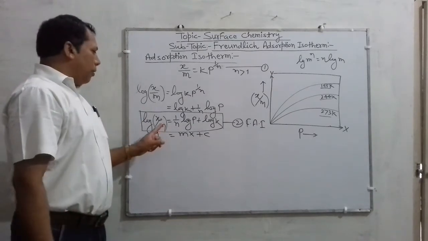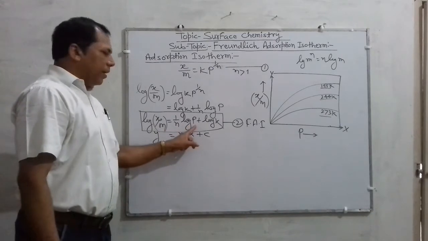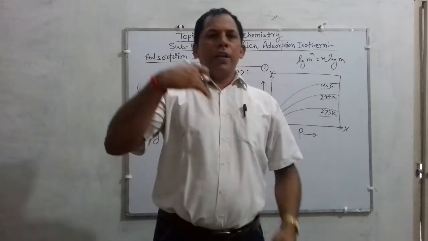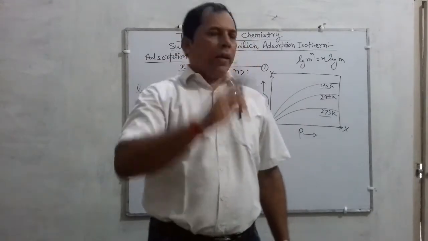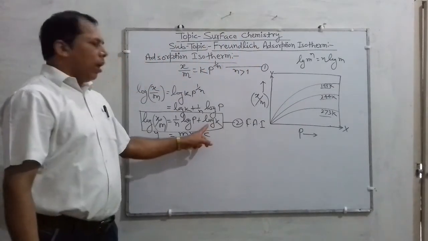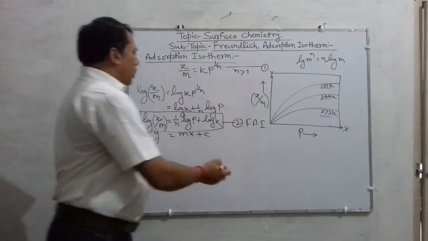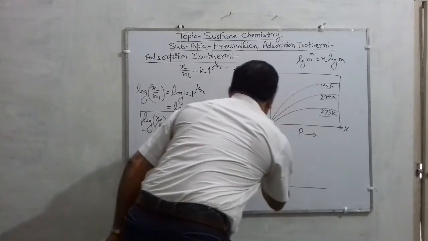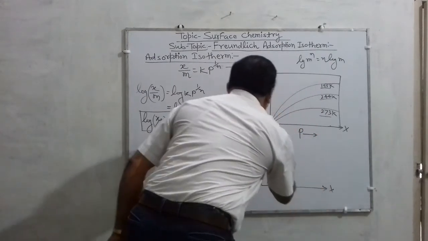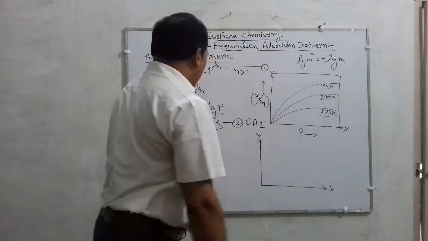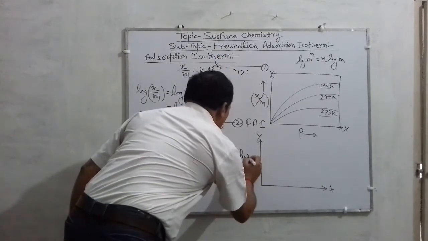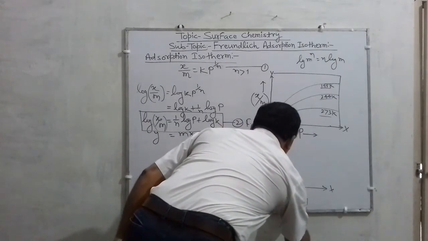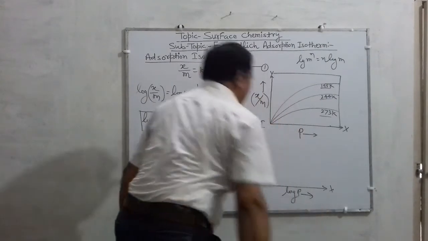So if we plot log x by m versus log p, then a straight line will come, and the straight line will provide the slope 1 by n, and the intercept will be log k. Why? Suppose this is your x axis, suppose this is your y axis, and we are plotting log x by m on the y axis and log p on the x axis.